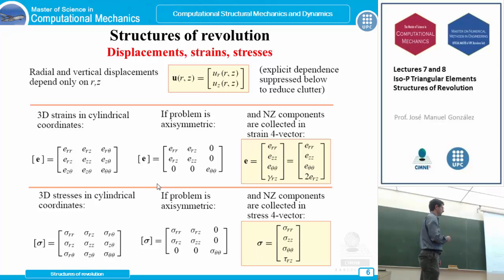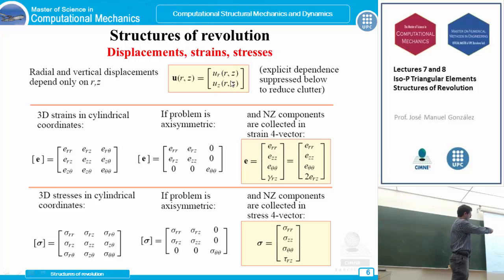So then, which are our degrees of freedom, and just to get the stiffness matrix and the stresses and the consistent nodal vector, again same thing, but in this axisymmetric problem, our degrees of freedom are displacements, but now they are radial and vertical displacement. In fact, radial and parallel to the axis displacement, let's call it UR and UZ.